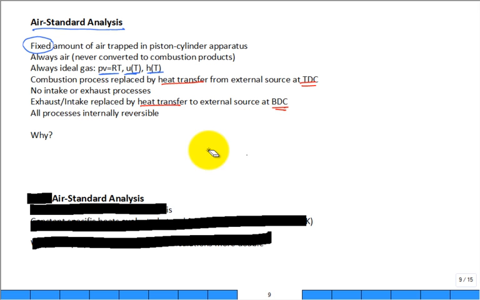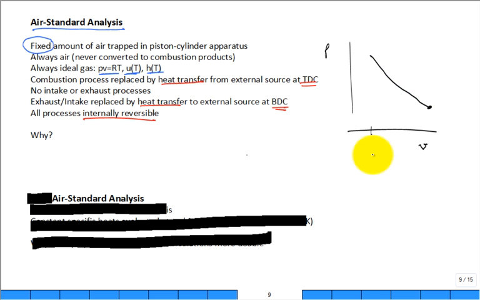All of the processes are going to be internally reversible. At this point, we can resketch the pressure volume diagram. We start with the compression stroke, compressing to top dead center. Heat addition at constant volume will bring the pressure way up.